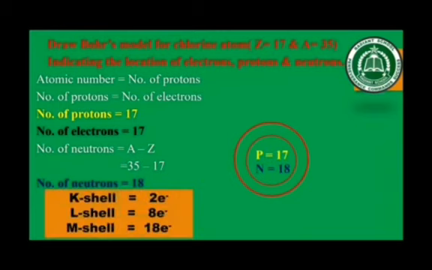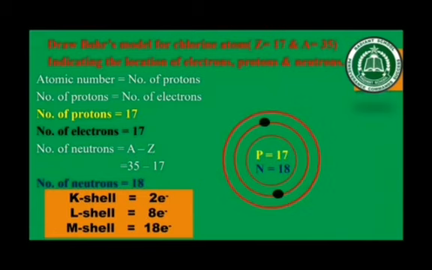As we have seen, there are many orbits. First is the K shell, which has a maximum capacity of 2 electrons. The second one is the L shell, which has a capacity of maximum 8 electrons, and the M shell has 18 electrons, and so on. So in the first shell how many electrons are there? 2. So we will draw 2 electrons.